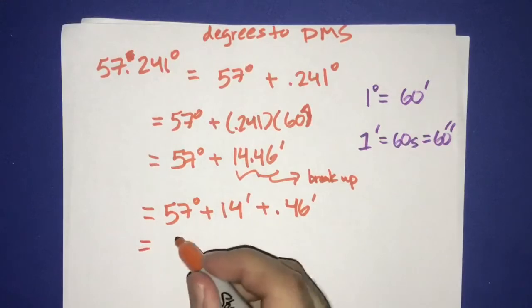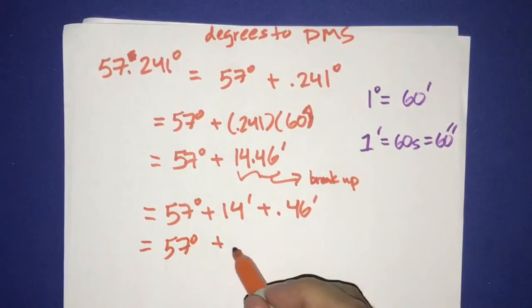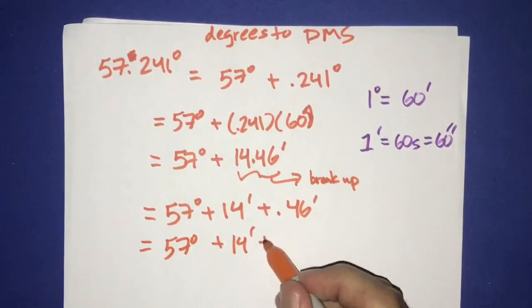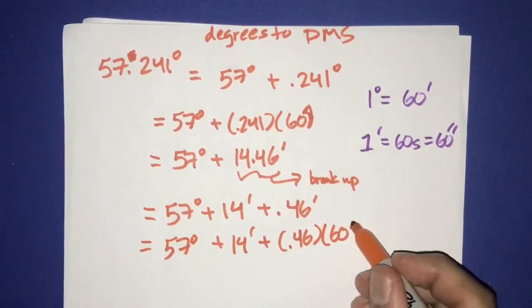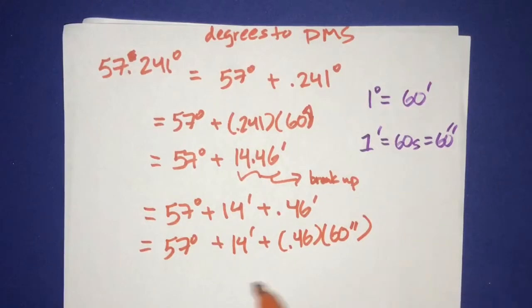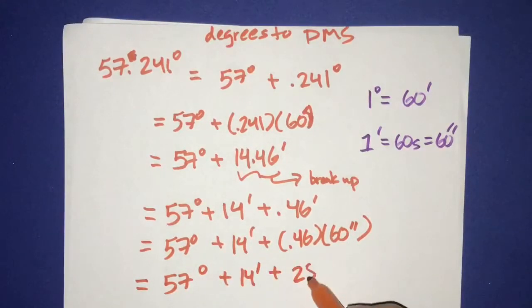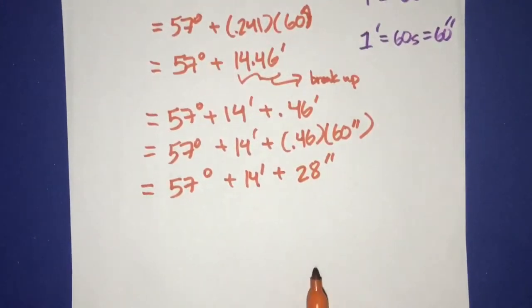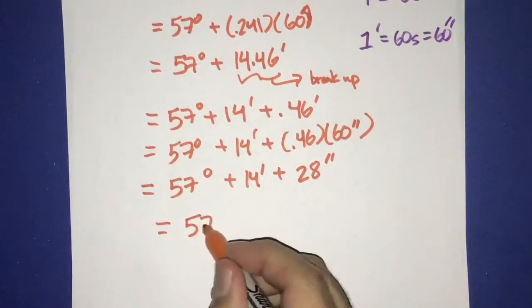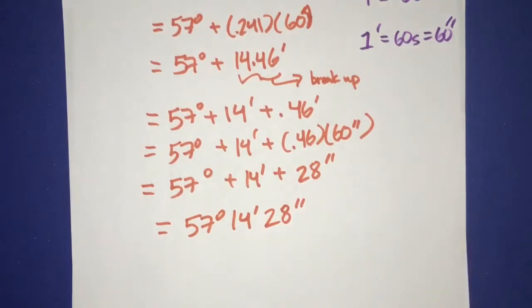So we get 57 degrees plus 14 minutes plus 0.46, and we plug in our conversion, 60 seconds. So this equals 57 degrees plus 14 minutes plus 28 seconds. And if we use the degrees, minutes, seconds convention of writing, this is going to equal 57 degrees, 14 minutes, and 28 seconds.